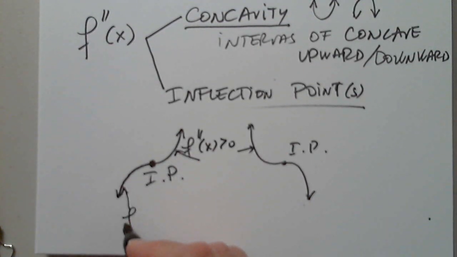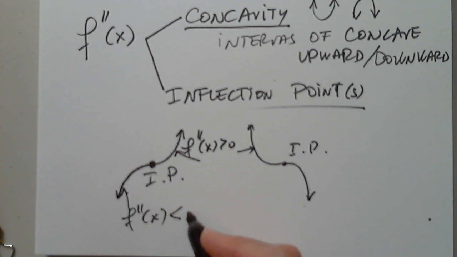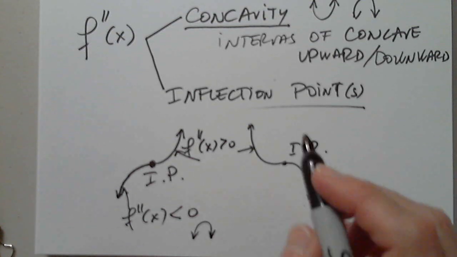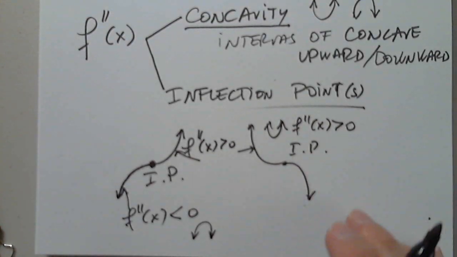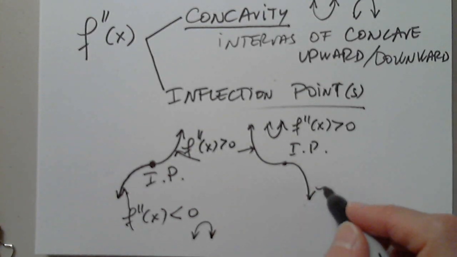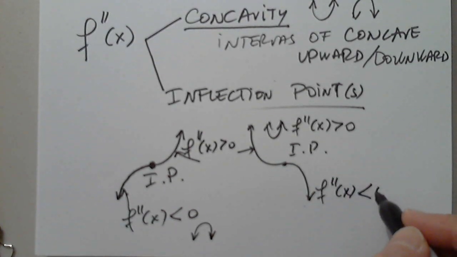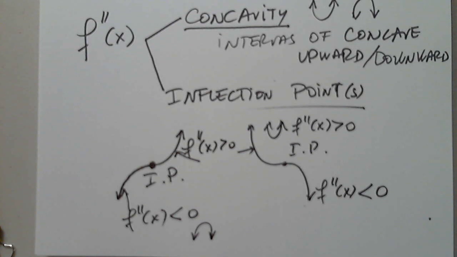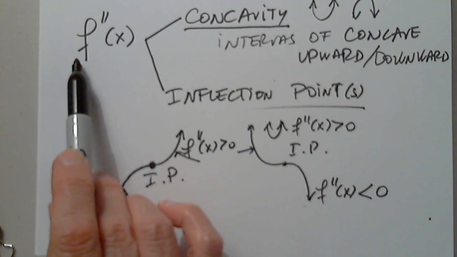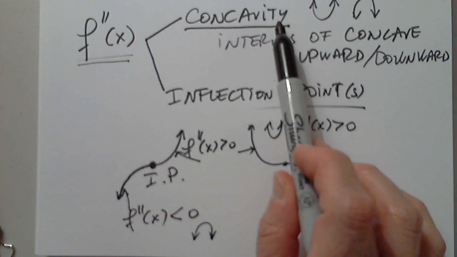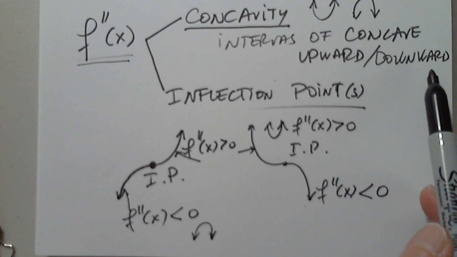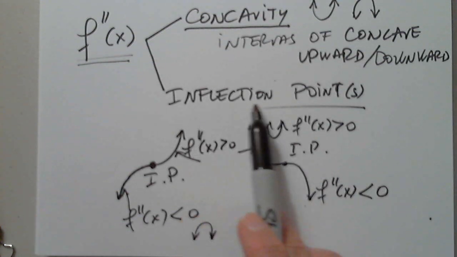Here, the second derivative is negative. The function does not hold water. When the function holds water, the second derivative is positive. Here it does not, so the second derivative is negative. So for the rest of the day today, we're going to look at the second derivative, determine concavity, if the function opens upward or downward, and inflection points.